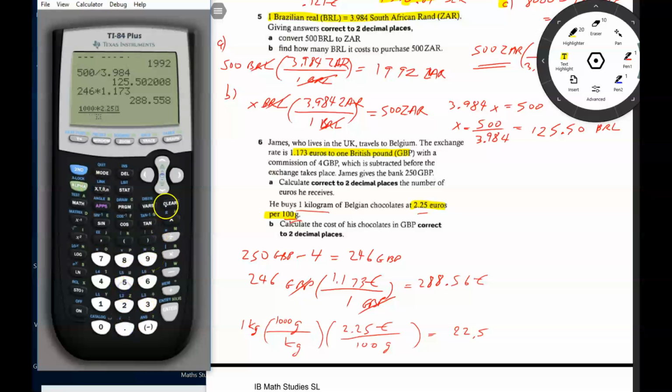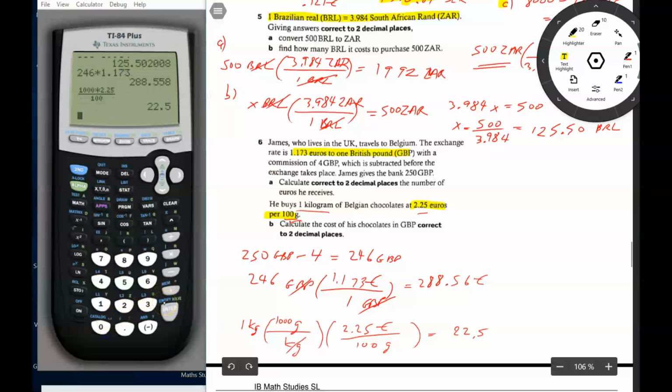Make sure we can do it with the calculator. 1,000 times 2.25 divided by 100 gives me 22.5. Yeah, and remember the kilograms cancel. The grams cancel, and what's left is euros. So 22.5 euros is the answer for B. Oh, and we want 2 decimal places, so we could put 22.50, right?